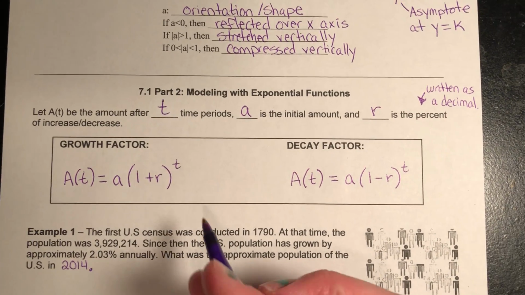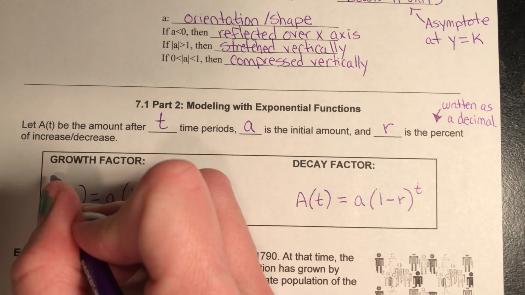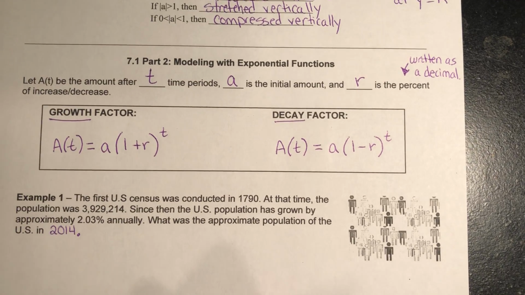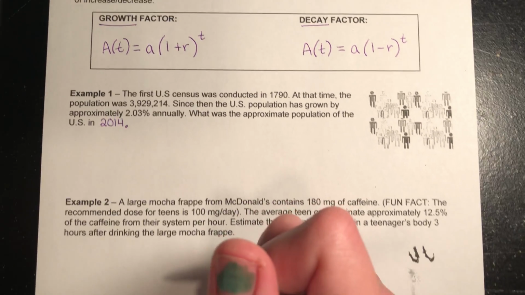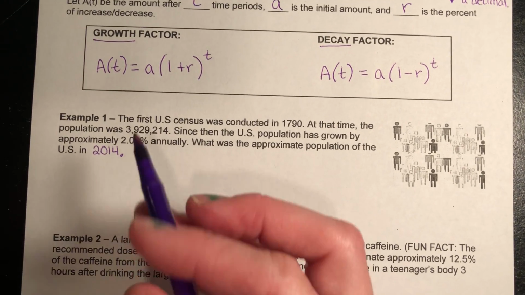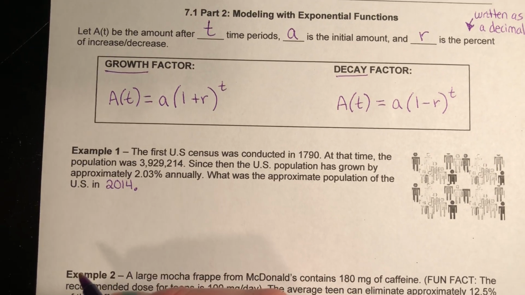So very similar. Again, you see this plus for growth and this minus for decay. That is the difference. So when you're looking at examples, you're going to want to identify whether they are growth or decay.